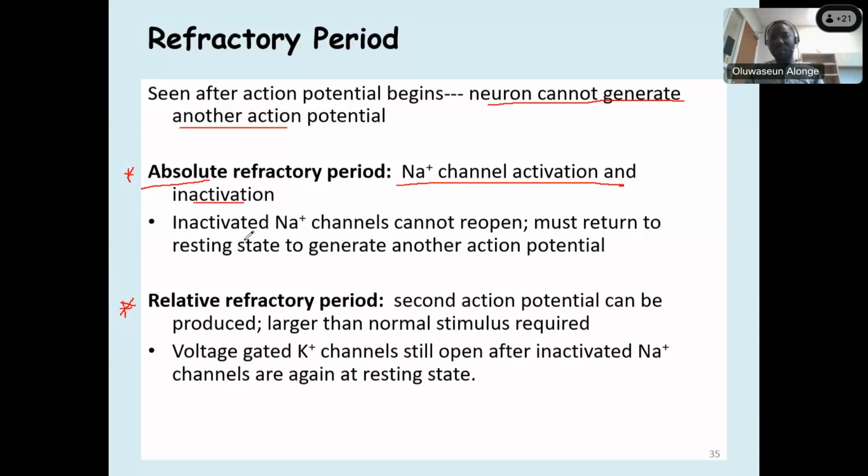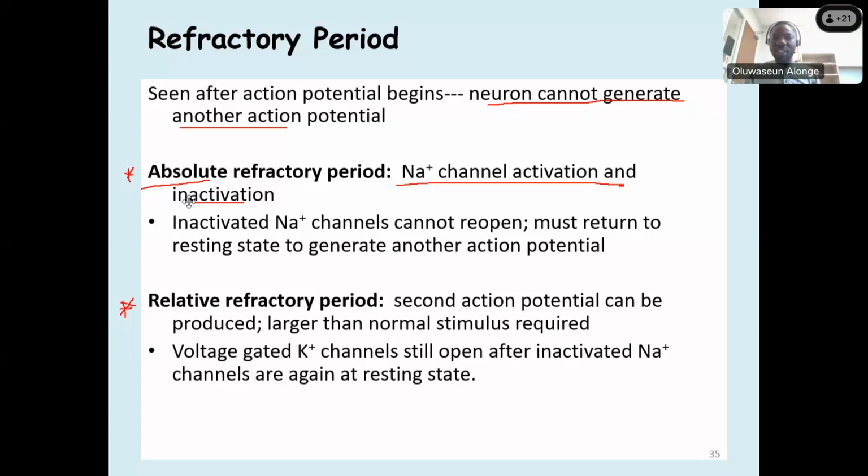At this point, what happened is this. Once the sodium channel is activated, that is what leads to depolarization. As the cell is being depolarized, the moment that channel closes, it will not open again until the process finishes.